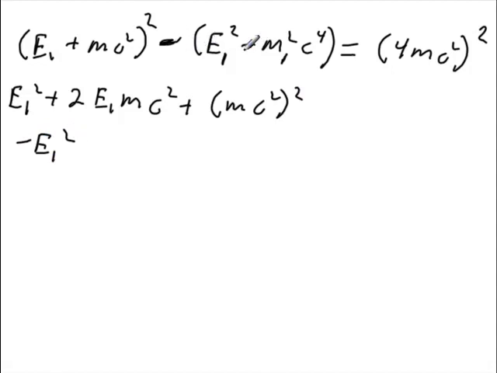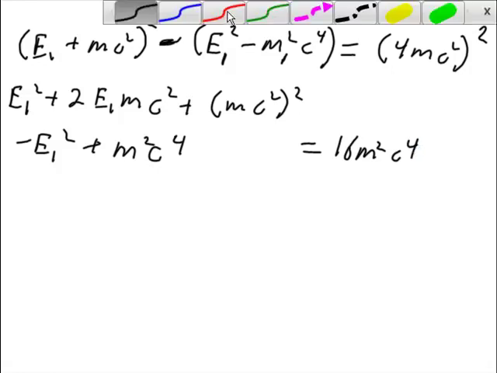This minus hits that minus, so it becomes plus m squared c to the fourth. And it all has to equal 16 m squared c to the fourth. All right, let's see what happens.